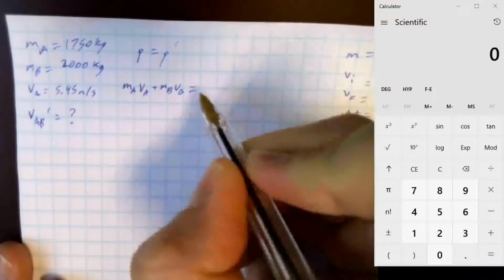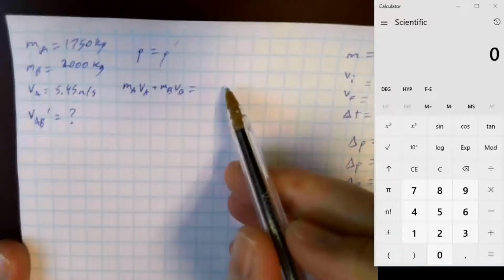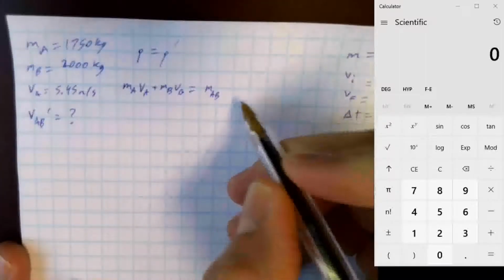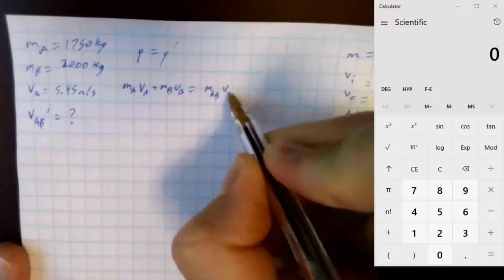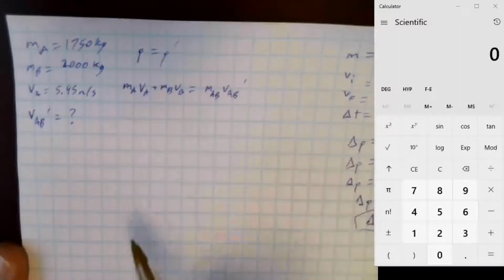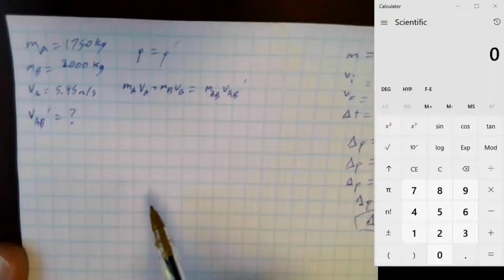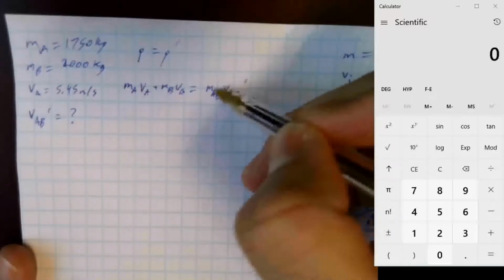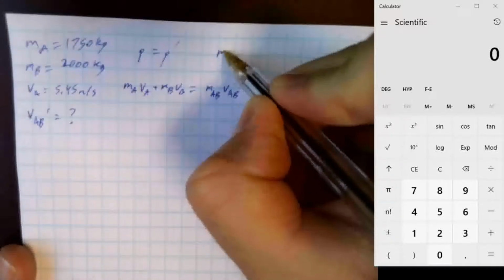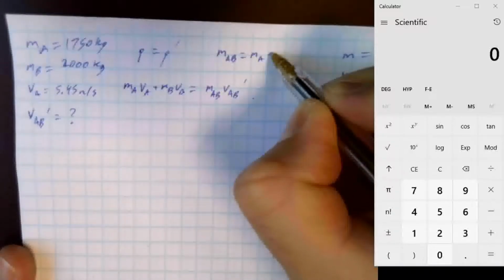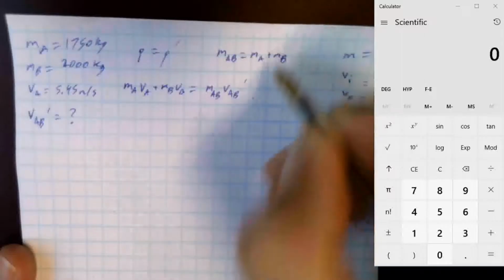Our momentum after, the A and the B get combined together to an MAB, and we have a VAB, which is just basically VAB prime in this case because it's happening after. This MAB, though, just so that you're aware, is actually a sum of MA plus MB.